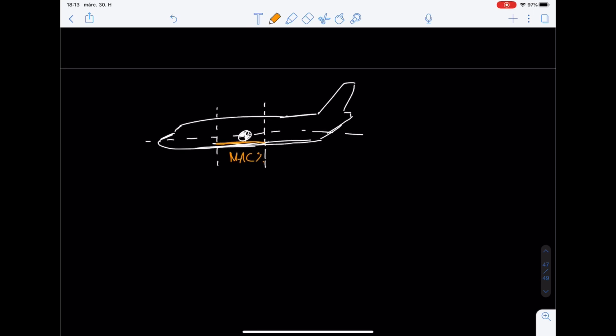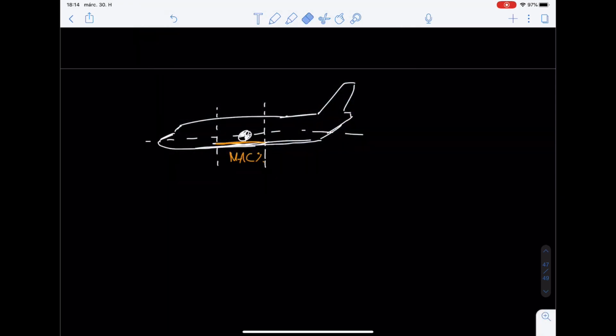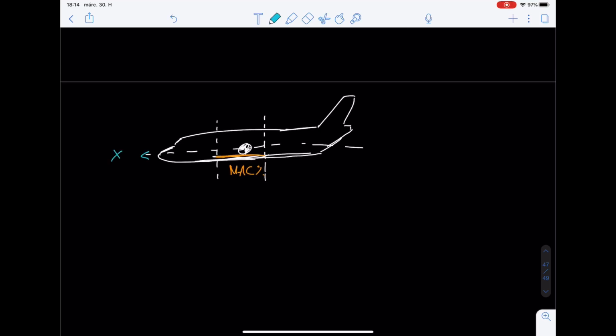And usually there are two limitations to the center of gravity. And here we need to define something again, a convention in aviation of how we say things. So when we talk about moving in the direction of the longitudinal axis, so in a positive x direction, so for example, you're in the tail of the aircraft and you want to go forward to maybe the front galley or the cockpit area, you would go forward, right?